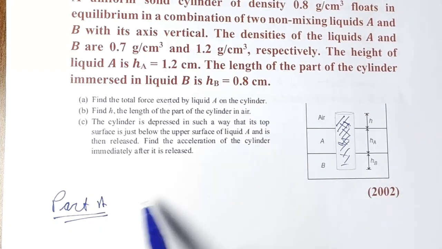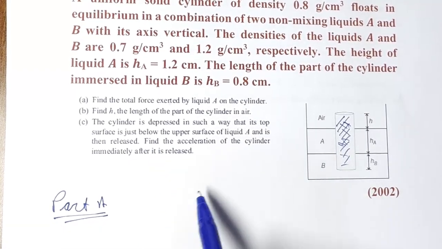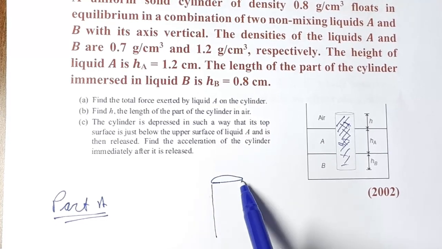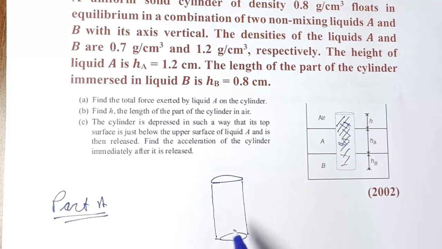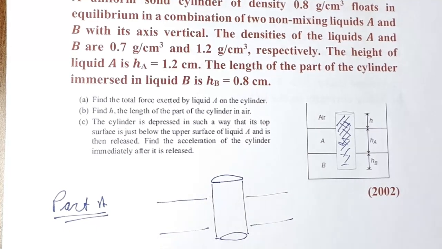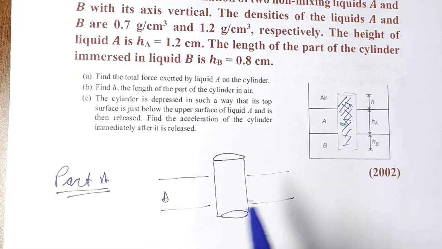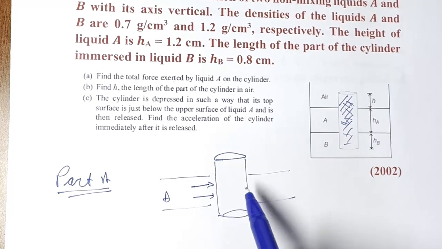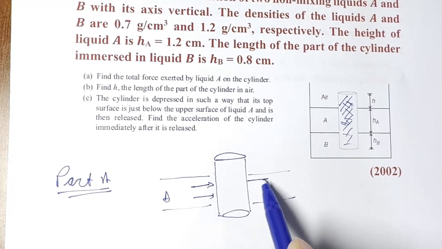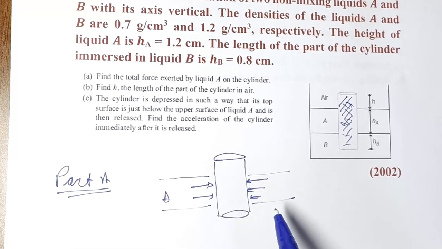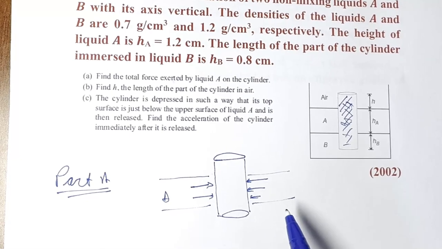So for this particular part A, we can draw a rough approximate diagram. So this is a cylinder and this is our part A. And in this part A, you can see that the pressure due to the liquid is exerted on the surface of the cylinder, or we can say it is radial and symmetrical.